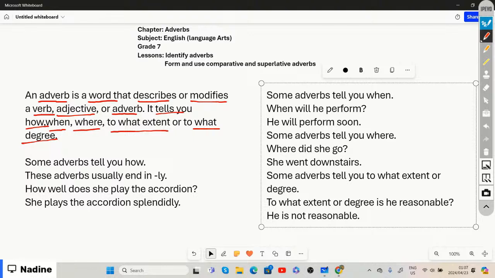And when it comes to adverbs, when adverbs tell us how, they usually end in ly.